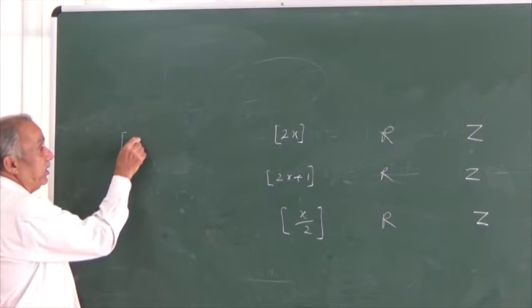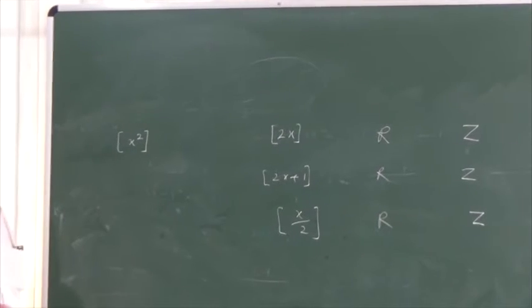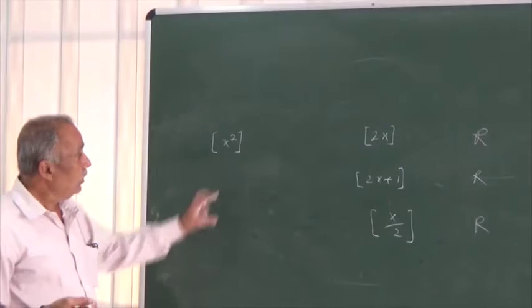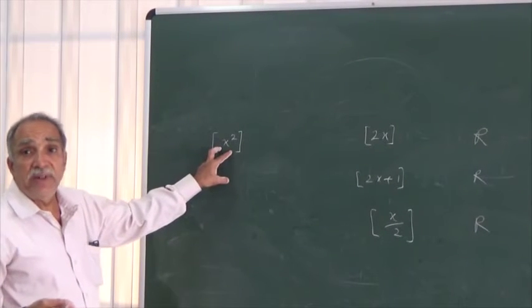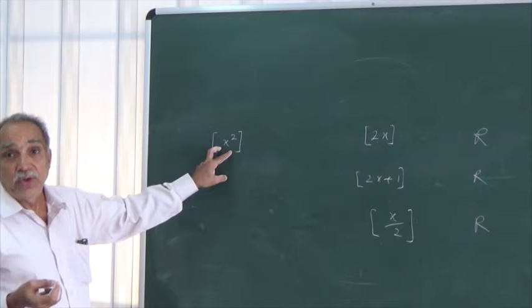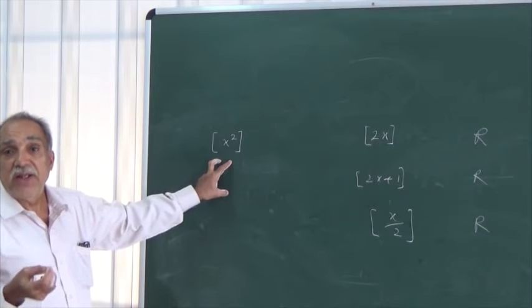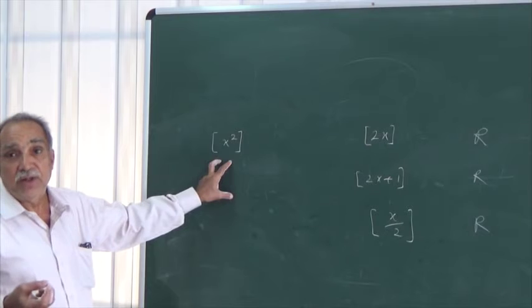Suppose you consider the integer part of now a quadratic term x square. You know this x square cannot be negative, is always greater than or equal to 0. Therefore, now the integer part cannot attain any negative integral value.